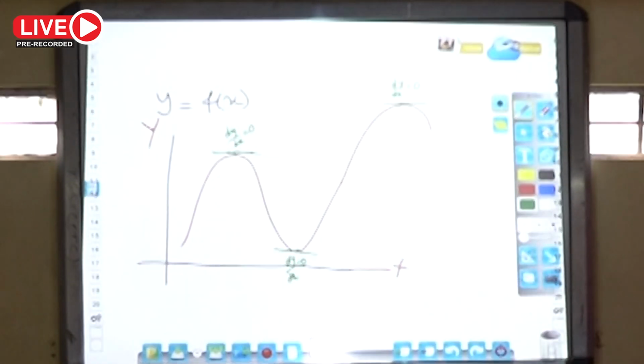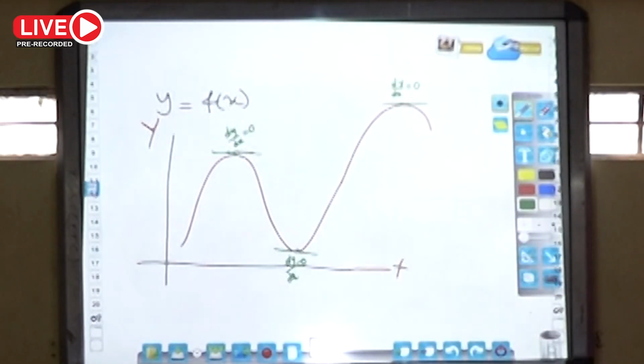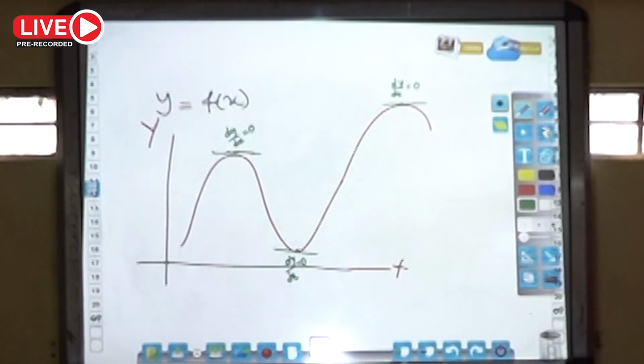But if the function is very complicated and we cannot draw the graph, then we cannot say at which point the tangents are horizontal. Then without drawing the graph, we have to adopt some other procedure.